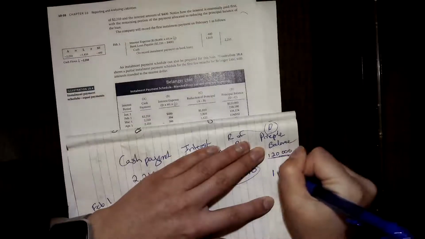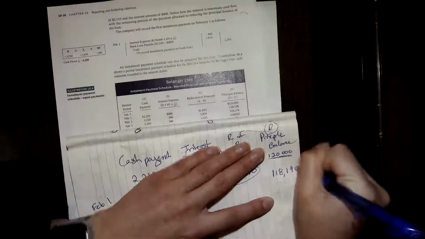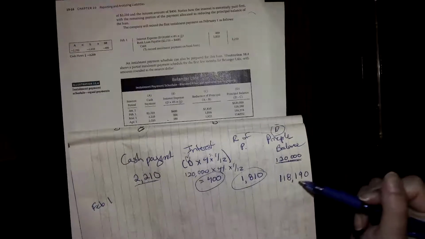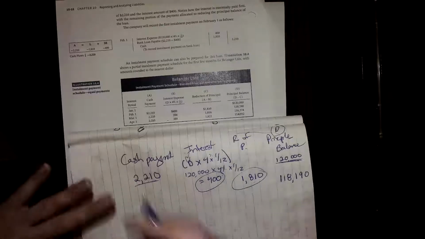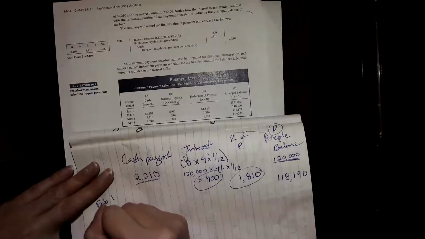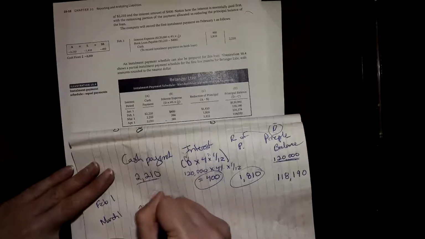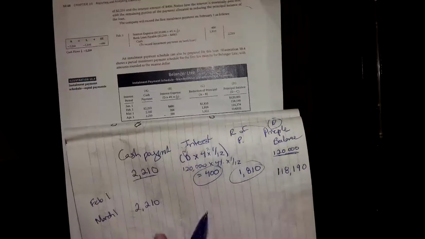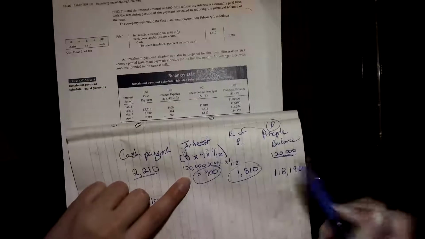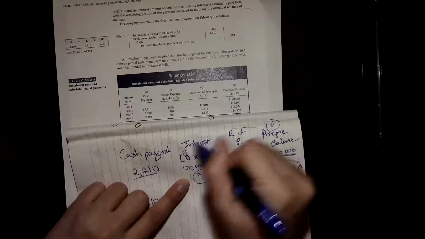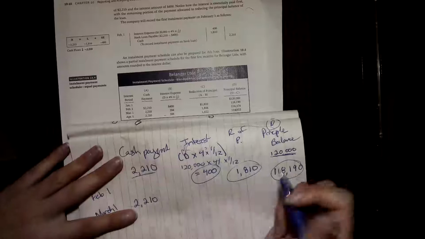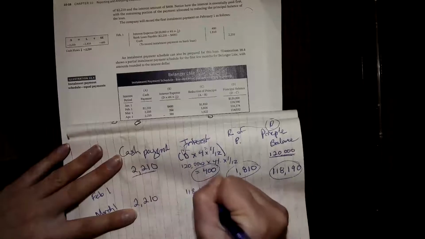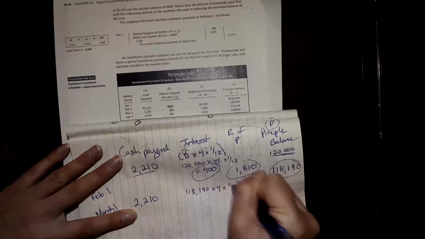That means the next month, our total loan principal is $118,190 because we paid a chunk of it back, right? So now, when we have our next cash payment, say it's March 1st, we know we're still paying a fixed cash payment of $2,210. To find our interest, we say, okay, what is our principal balance? Plug that in there. It's our principal balance times the rate times 1/12, so 118,190 times 4% times 1/12.